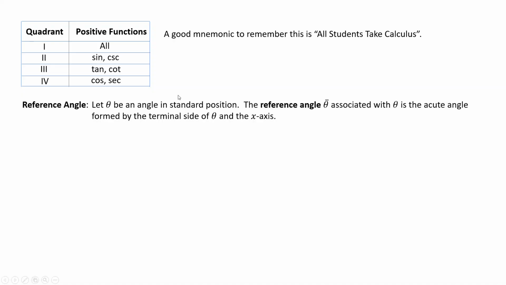So that line segment makes an angle of theta with respect to the positive x-axis. Now, when theta is such an angle, the reference angle theta bar, we put a bar there, right? So theta bar associated with this theta is the acute angle formed by the terminal side of theta and the x-axis.